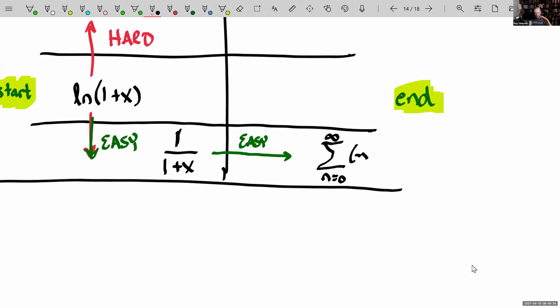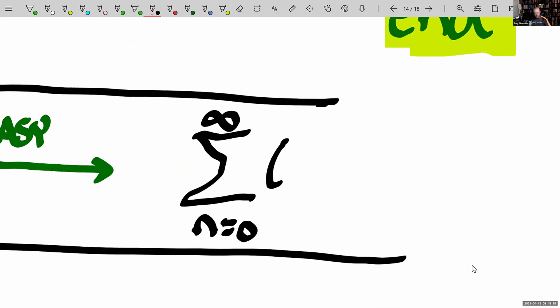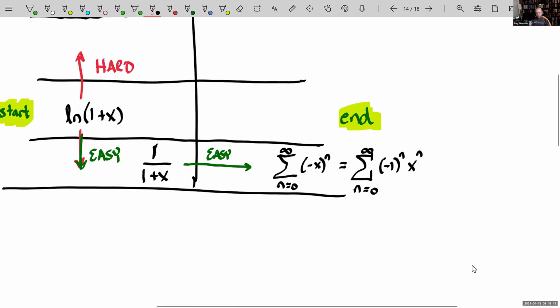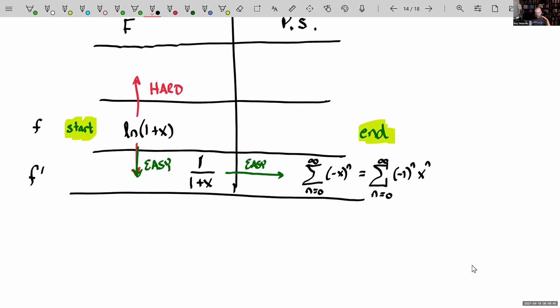Negative x to the n. A better way of writing that, by the way, is summation n equals 0 to infinity of negative 1 to the nth x to the nth. Well, we differentiated to get there, so we'll have to integrate to get up 1 level, right?